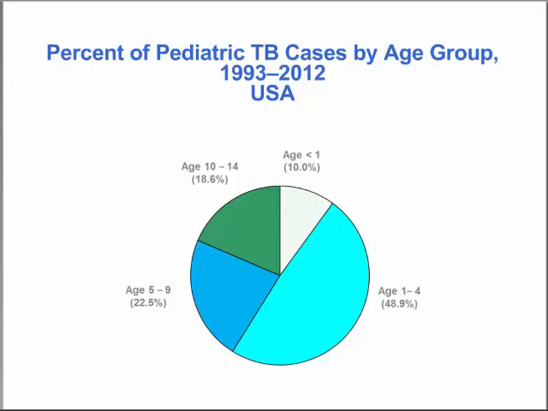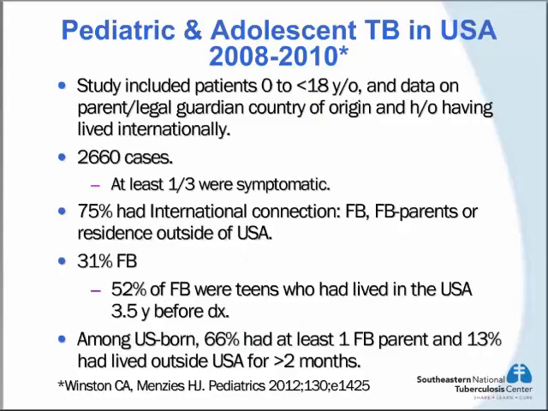That is important to remember because they represent a high-risk population, as we're going to discuss a little bit later. In 2012, there was a study published in Pediatrics, and it's the first time that we take a look at these data including the adolescents.